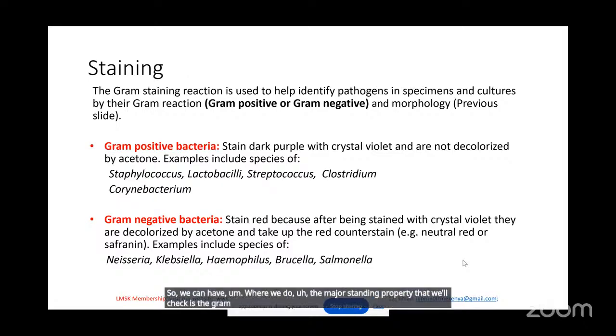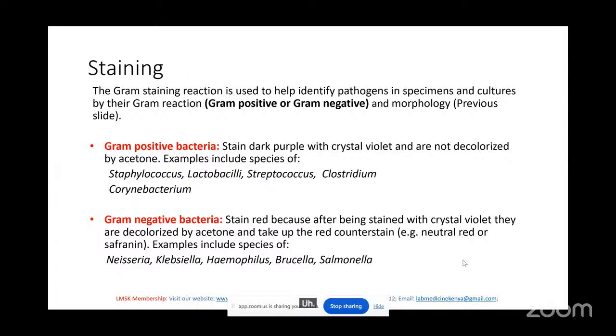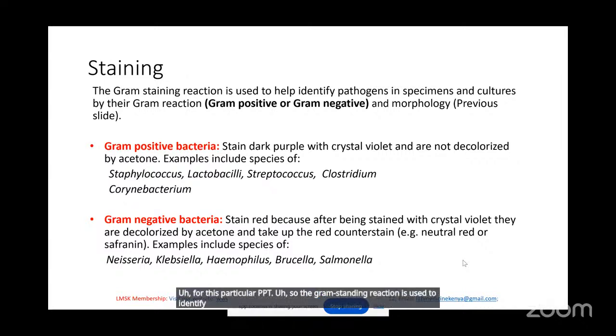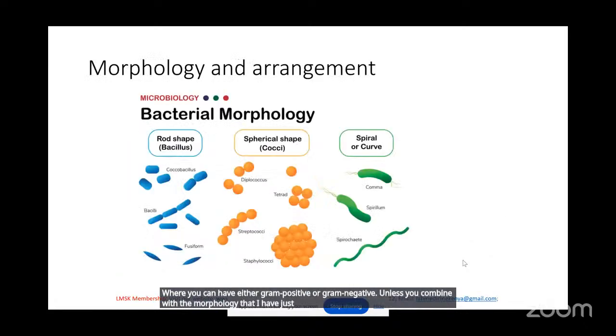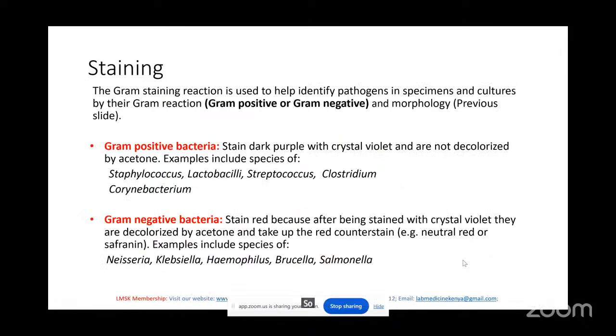The gram staining reaction is used to identify pathogens in specimens and cultures by their gram reaction, where you can have either gram positive or gram negative. You combine this with the morphology that I have just shared on the previous slide. So the gram stain reaction in combination with the morphology lets you classify them as gram positive or gram negative bacteria.